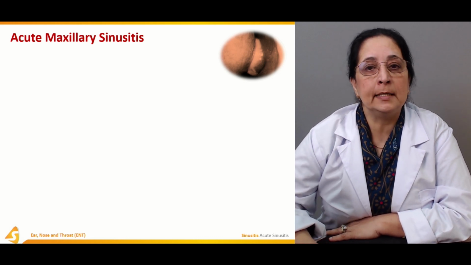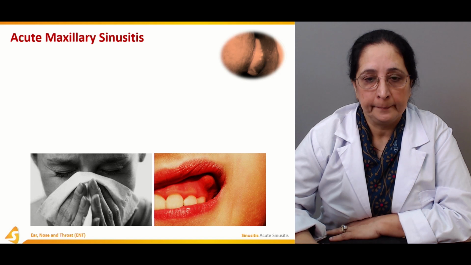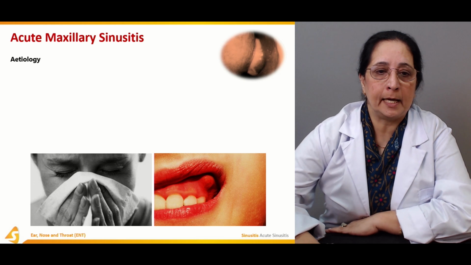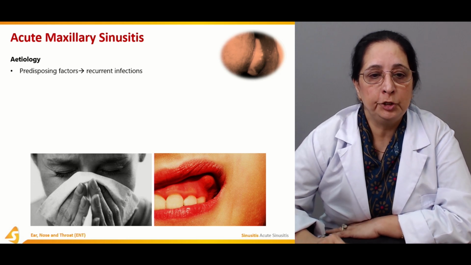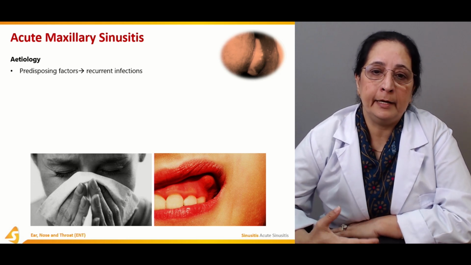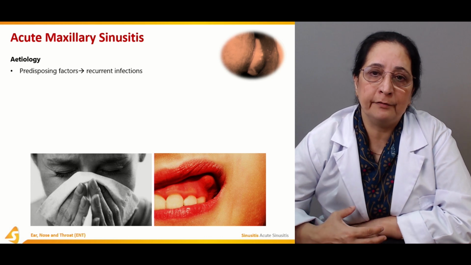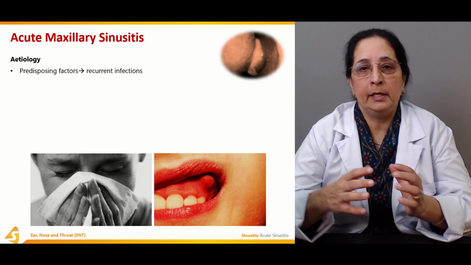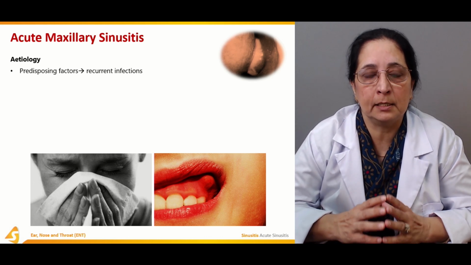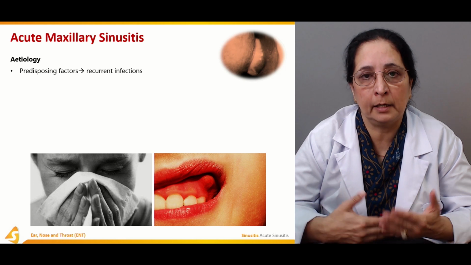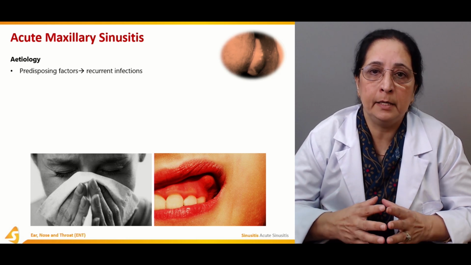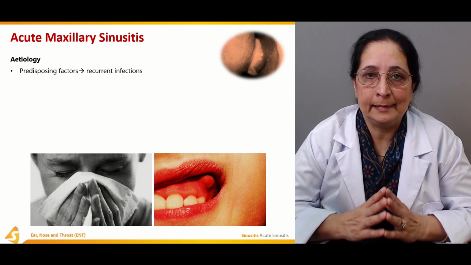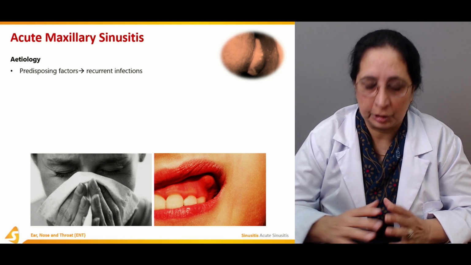The cause of acute maxillary sinusitis is usually recurrent infections. If predisposing factors like recurrent infections are present, if the infections persist or occur again and again, then the most common cause of maxillary sinusitis is those recurrent infections.